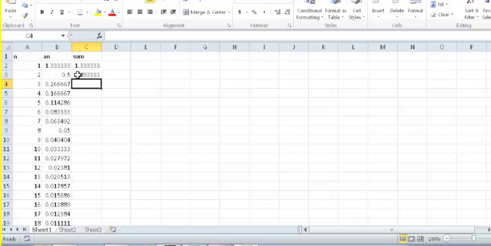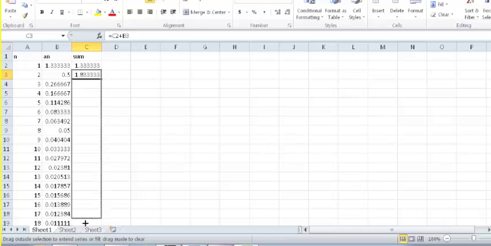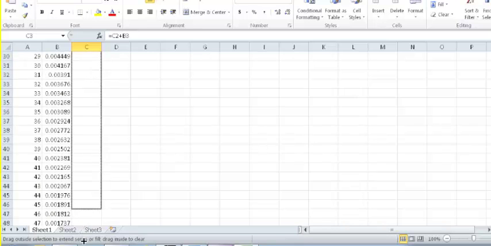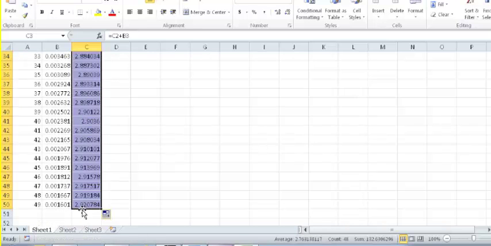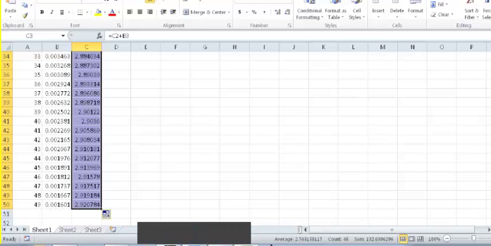So again, a sub 1 is going to be negative 1 to the 1 plus 1 power times 2 divided by 1. The second term is negative 1 to the 2 plus 1 times 2 divided by 2. The third term is negative 1 to the 3 plus 1 power, and then 2 divided by 3.